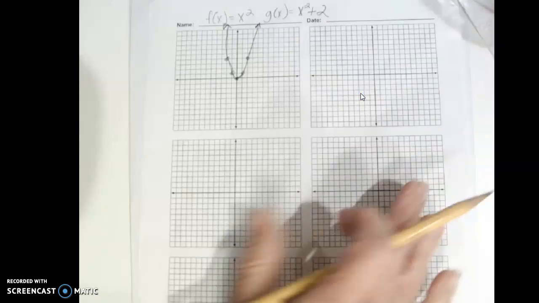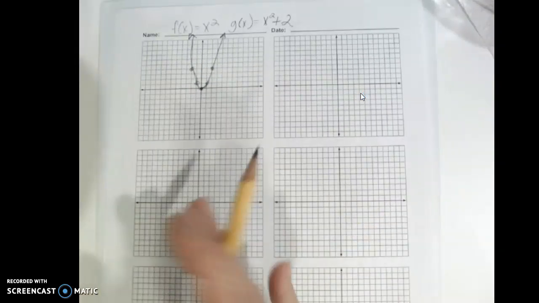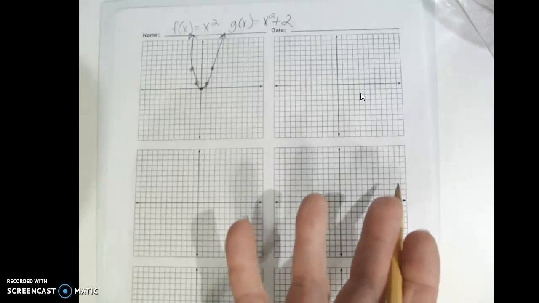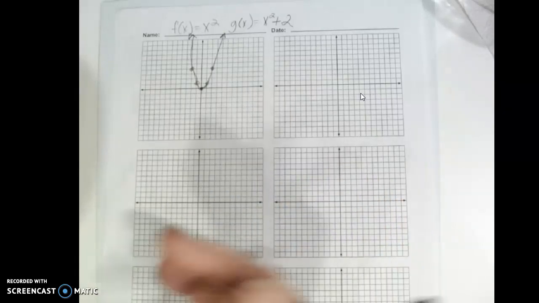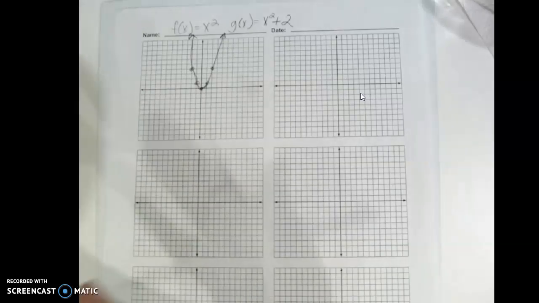We're going to talk about how that affects the function and the graph. If you were to take a guess and you remembered what we did before, you might say it's going to move up 2.